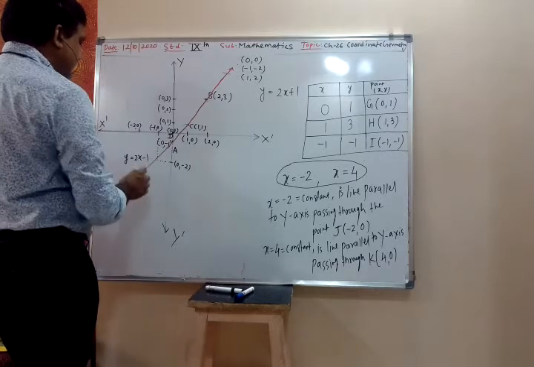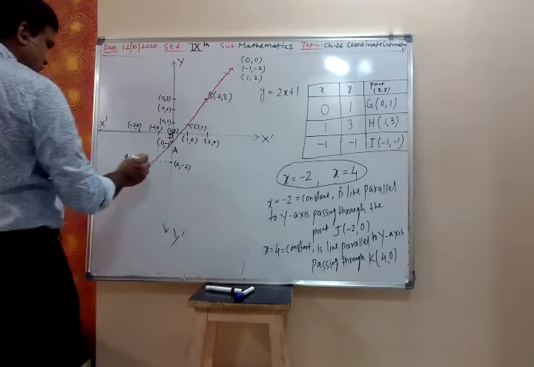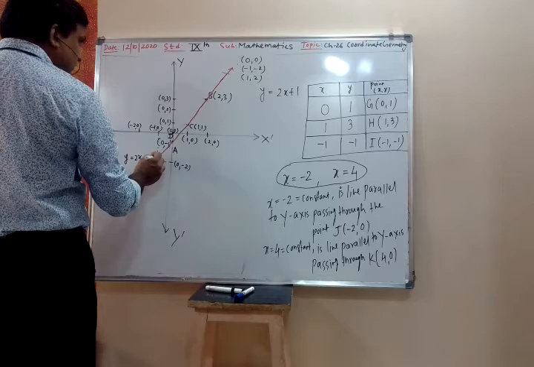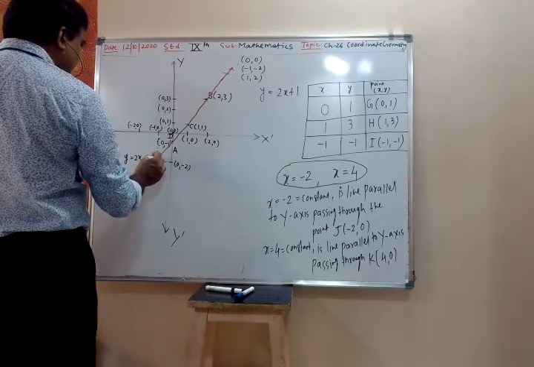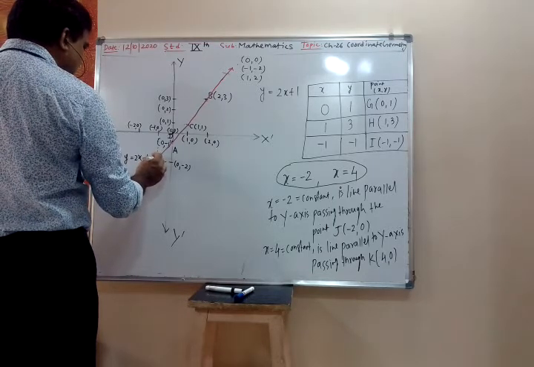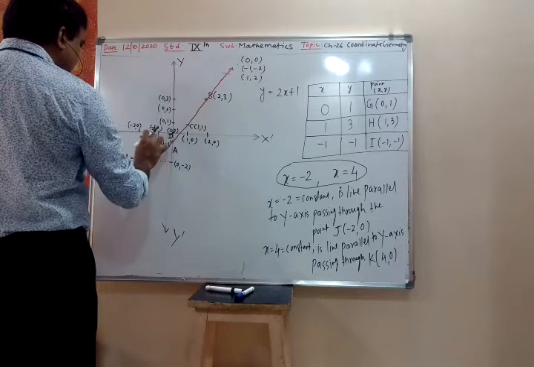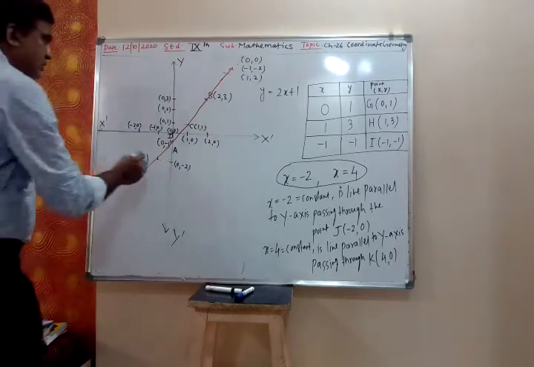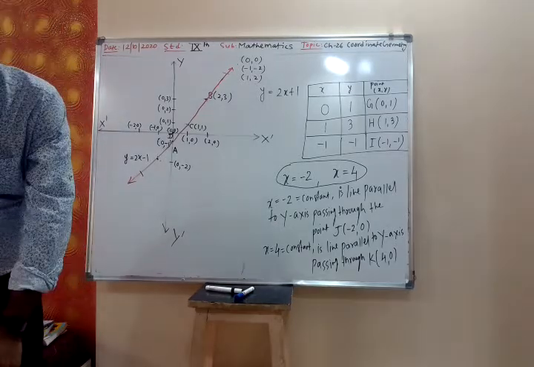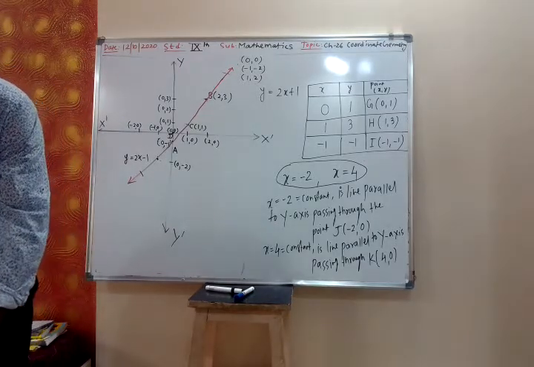Minus 1 comma minus 2. Same line, no? Just check it on the graph. We are using the graph paper. Minus 1 comma minus 2. Is it coming on the same line?